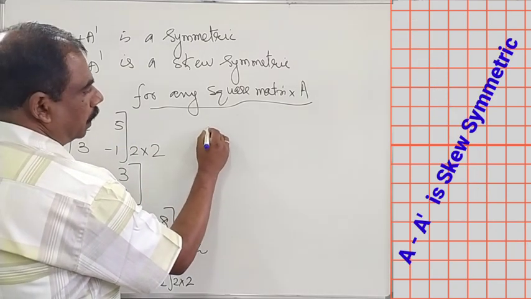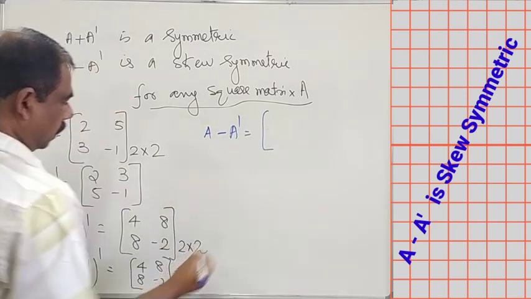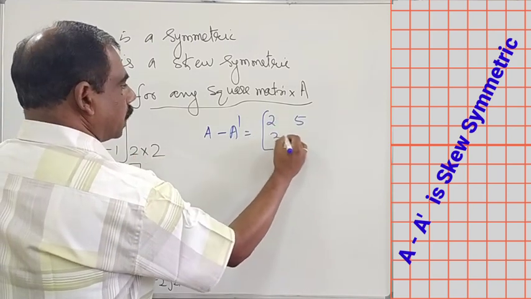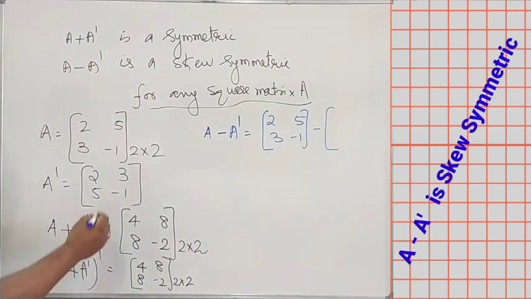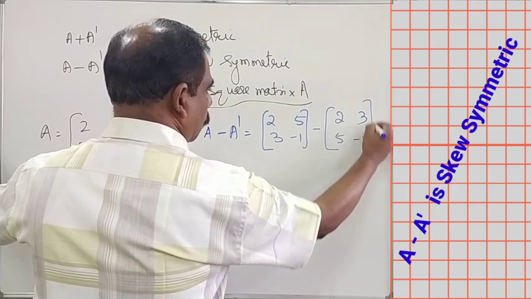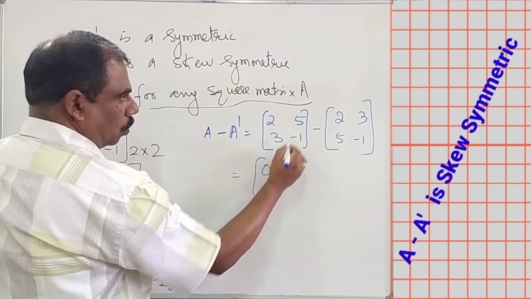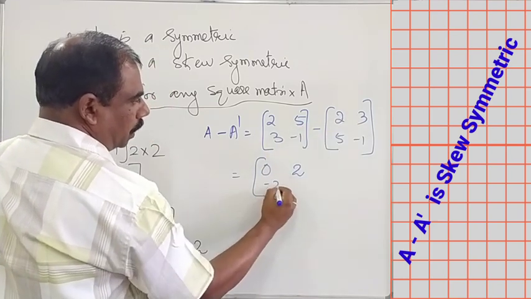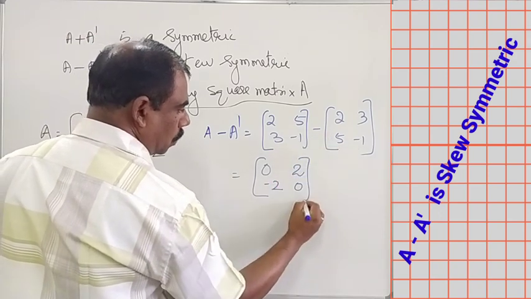Now we find A minus A transpose for the same example. That is, A is the matrix 2, 5, 3, minus 1 minus A transpose, that is the matrix 2, 3, 5, minus 1. And that's equal to 2 minus 2 is 0, 5 minus 3, that is 2, 3 minus 5, minus 2, minus 1 minus minus 1, that's equal to 0.